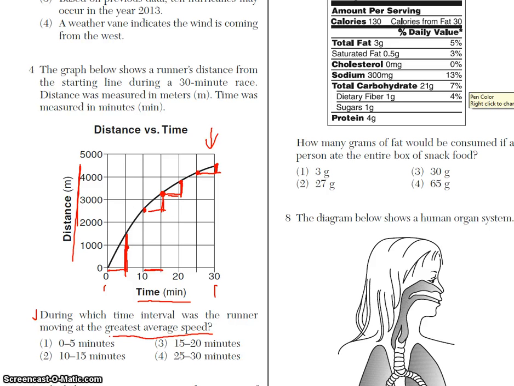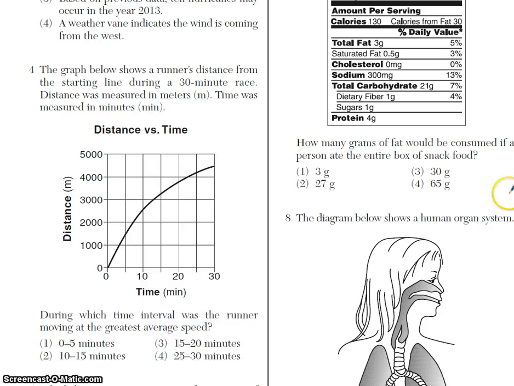So if I use a different color, he traveled this distance in those 5 minutes, this distance, this distance, and this distance in those 5 minutes. So he traveled the most distance in this 5-minute interval. So that was his fastest time. So the correct answer would have been number 1. All right, moving on. Let's clear that all up.